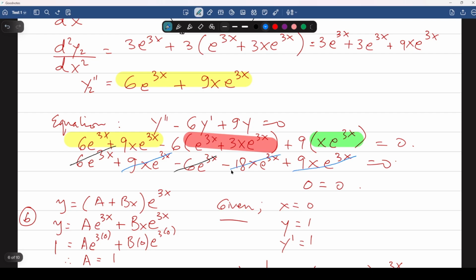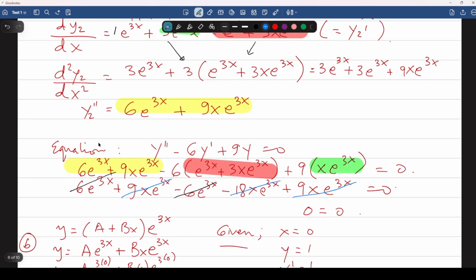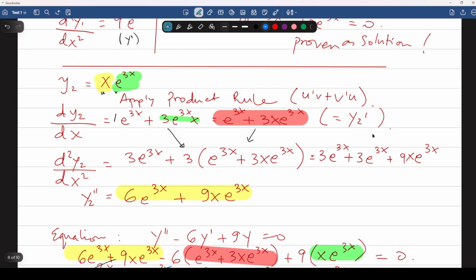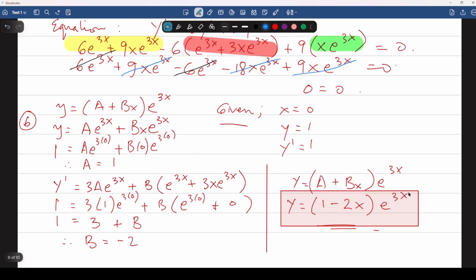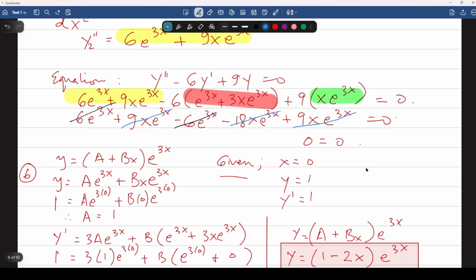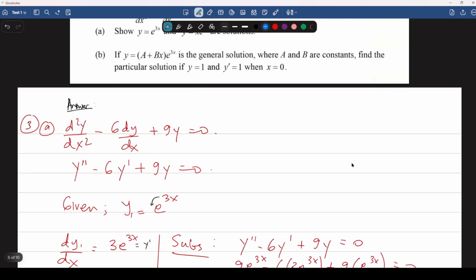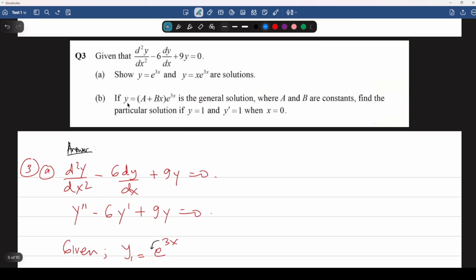So the whole thing becomes 0 equals 0. So that proves a second time that the second function x e to the 3x is also a solution for the differential equation.